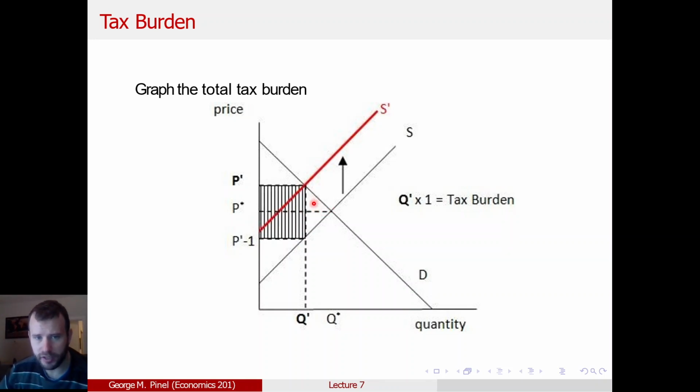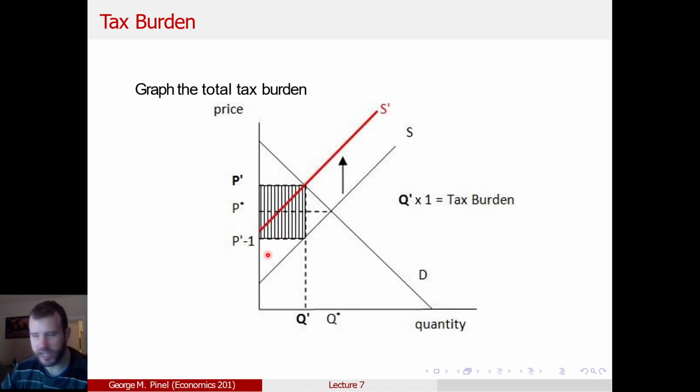So this top triangle used to be consumer surplus, but there's nothing there being consumed, so it is part of deadweight loss. And this area used to be producer surplus, things that were being produced that no longer get any producer surplus. That's also deadweight loss. So this total triangle is deadweight loss.